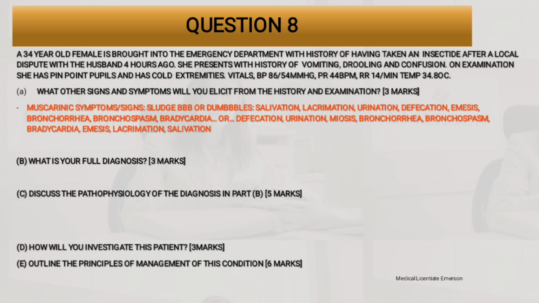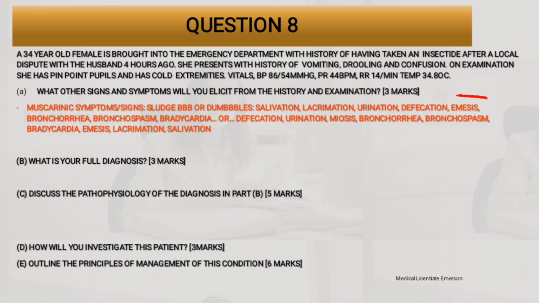So the other signs you can look for are the muscarinic symptoms or signs that you can elicit using the mnemonic SLUDGE/BBB or DUMBBELS. So there will be salivation, lacrimation, urination, defecation, emesis, bronchorrhea, bronchospasm, or bradycardia, that is from the SLUDGE/BBB.